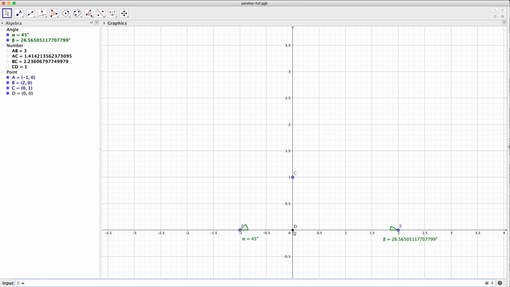Now we don't know where D is, so we don't know what the lengths AD and DB are. But if you kind of play around with the algebra a little bit, you can find out that the formula would be the distance AB divided by 1 over the tangent of alpha, plus 1 over the tangent of beta.